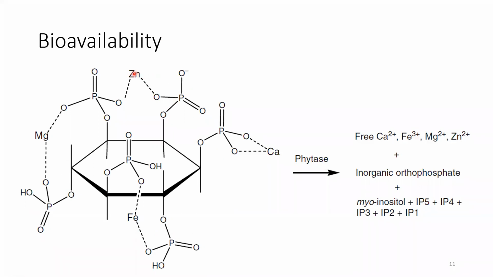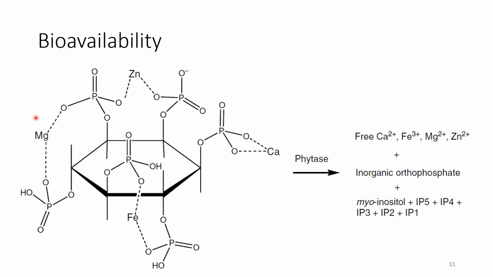And so there's a lot of phosphates, which means there's a lot of negative charges here, highly negatively charged. So you can see all these opportunities to chelate metals here along this ring. And when this compound interacts and forms these chelates, it becomes insoluble.